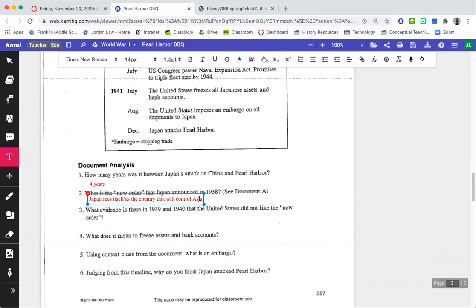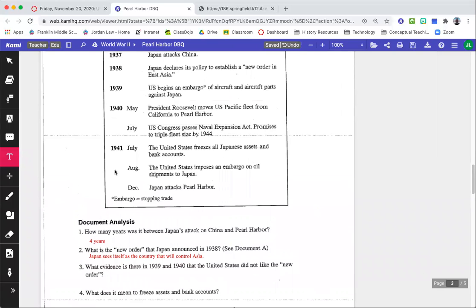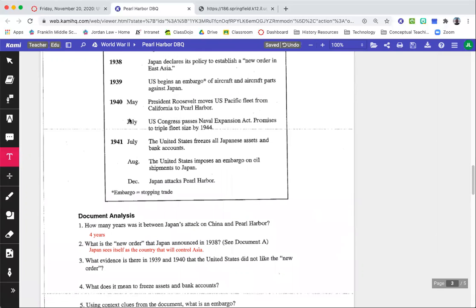You can maybe make an argument that eventually it would be the world, but at least starting with Asia. So again, that idea that Japan was going to control the rest of Asia, which is the biggest continent in the world, starts in 1938.